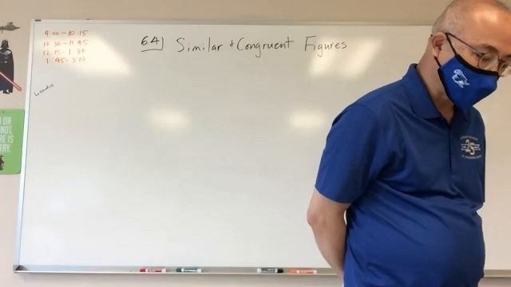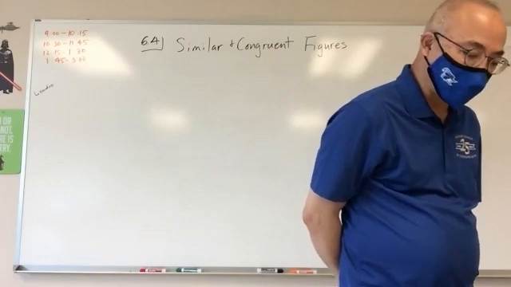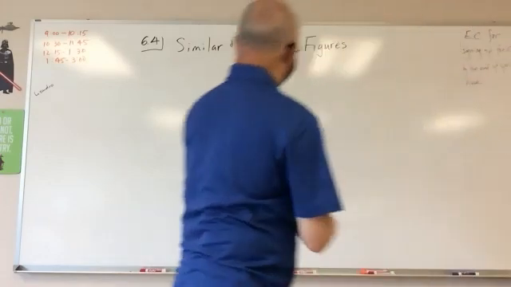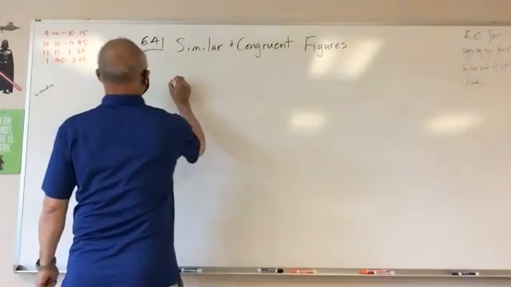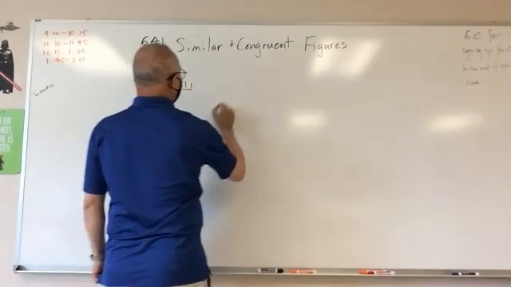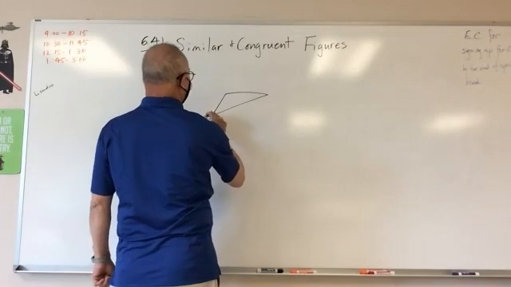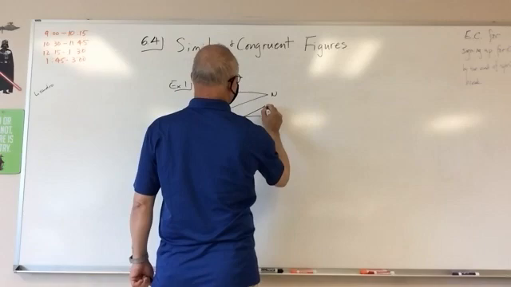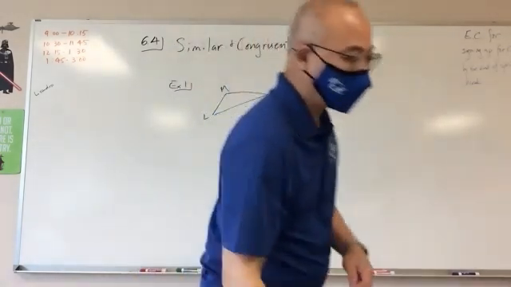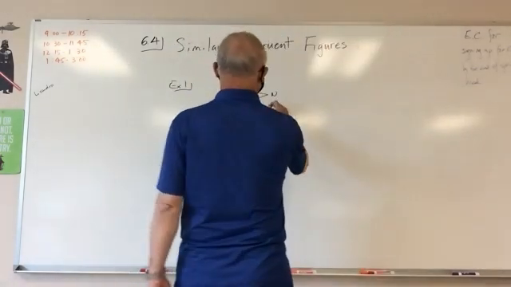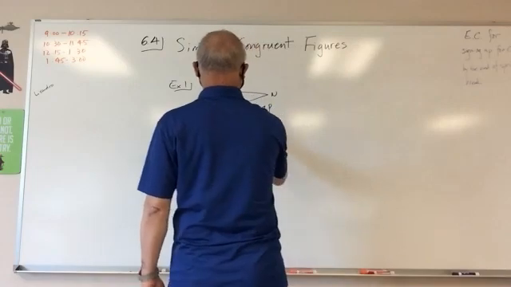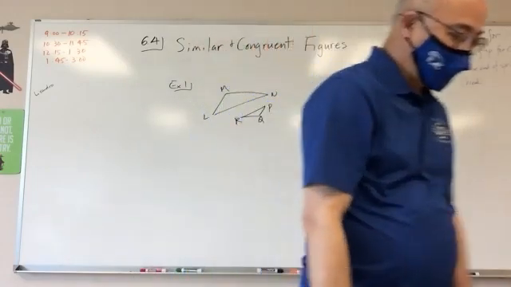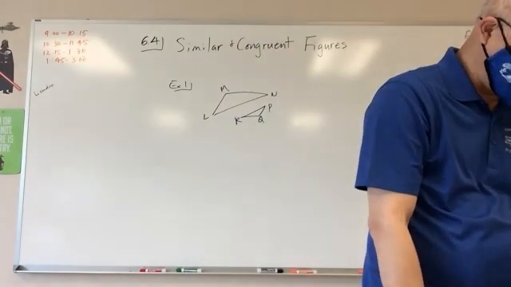Okay. So example number one, we have LMN, and then we have over here a smaller PQR. Given that they are similar, name the corresponding angles.